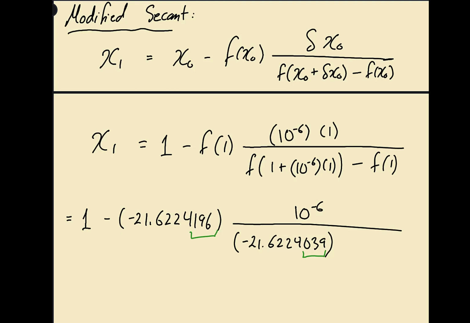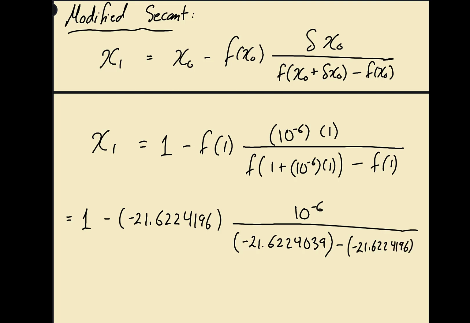If I didn't take this many significant figures and I subtract here by this number, what do we get? 0. So it won't work, right? So you've got to make sure you use enough significant figures for the problem to work. So here we're going to subtract negative 21.6224,196.